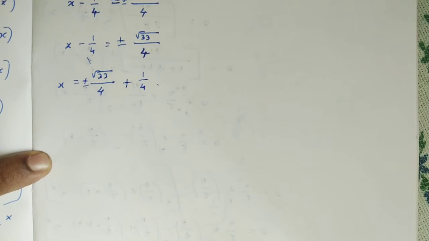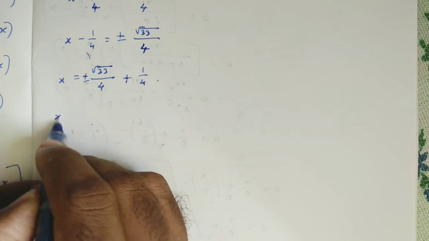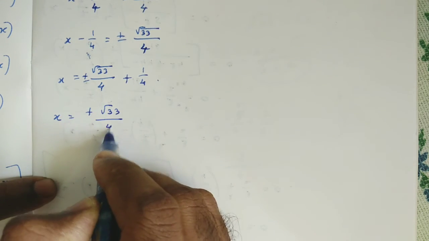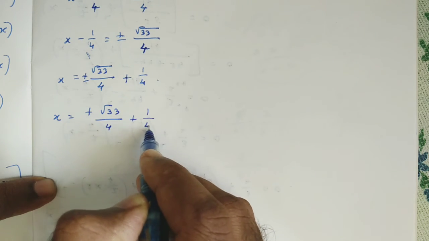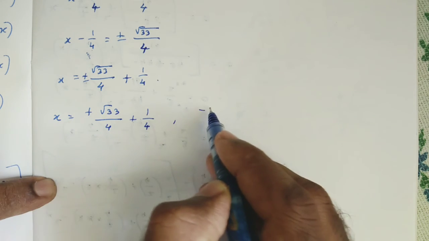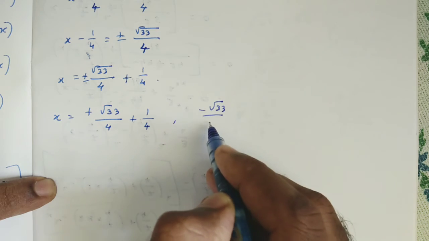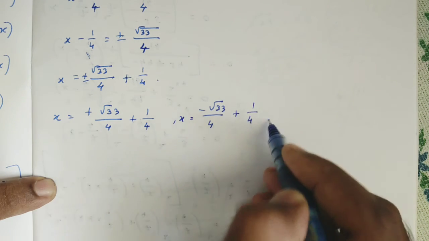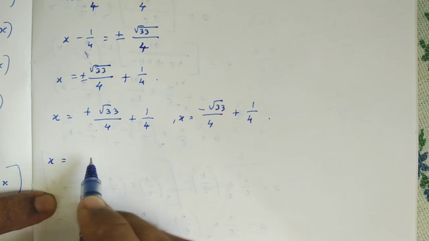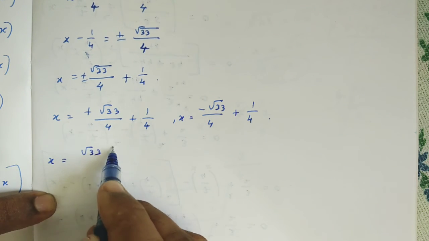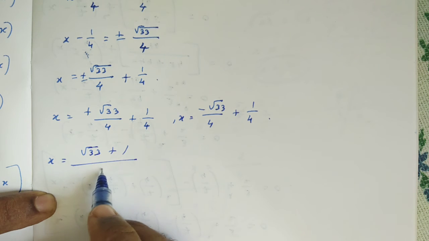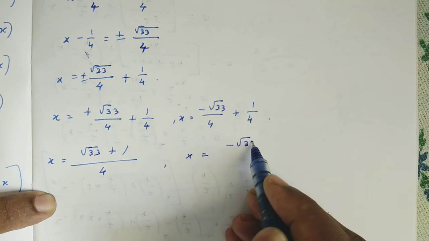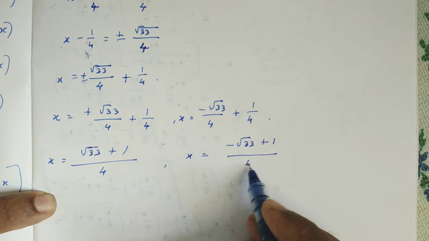Next, x is equal to plus root 33 by 4 minus 1 by 4, then minus root 33 by 4 minus 1 by 4. So x is equal to root 33 minus 1 divided by 4, then x is equal to minus root 33 minus 1 divided by 4.